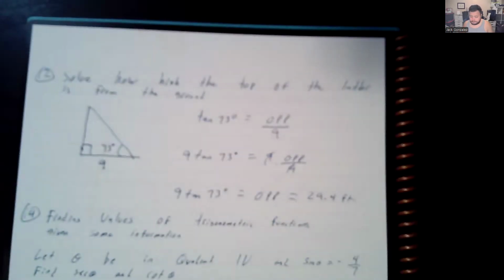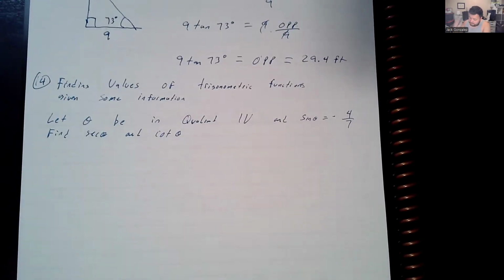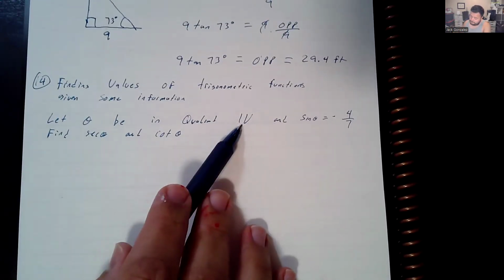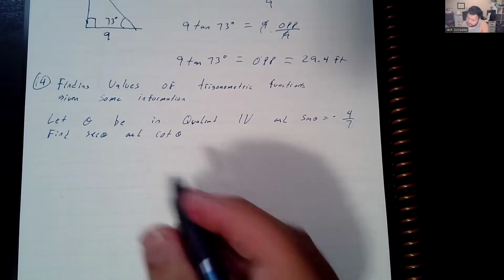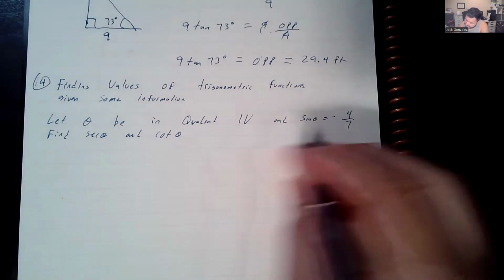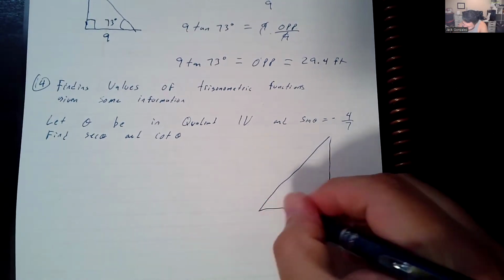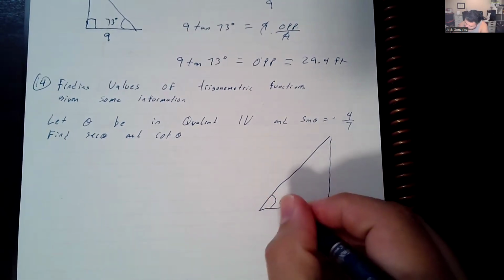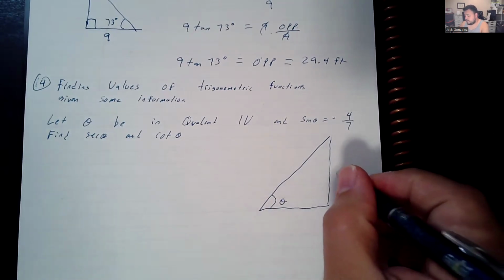They're saying it's in quadrant four, and the sine at that angle is -4/7. And then they want us to find secant and cotangent. So complete the triangle. Theta is here, quadrant four. They're saying that the opposite side is negative.